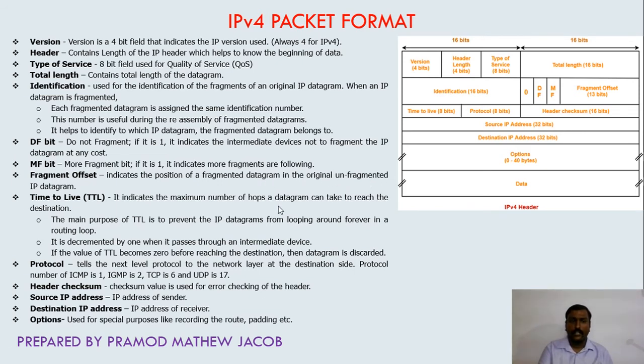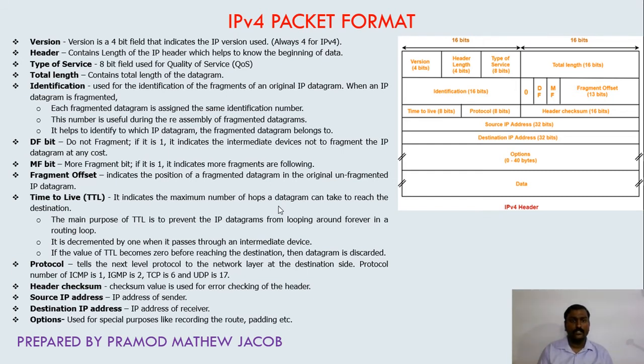Next is time to live, TTL, which indicates the maximum number of hops a datagram can take to reach the destination. For example, if data is traveling from the source to the destination through 10 nodes, then it should take 10 hops, which means it should go through 10 different nodes to reach the destination. Whenever it passes through each hop or node, the TTL value will be decremented by 1.